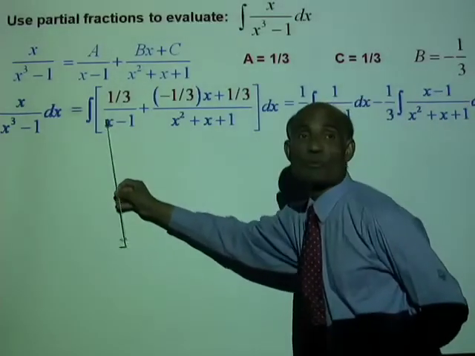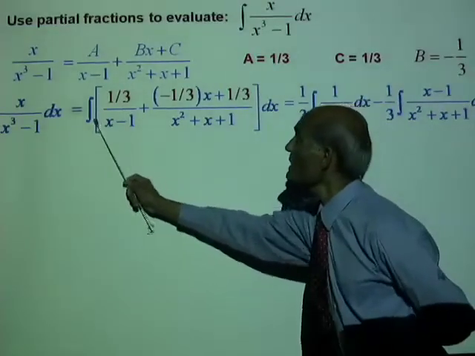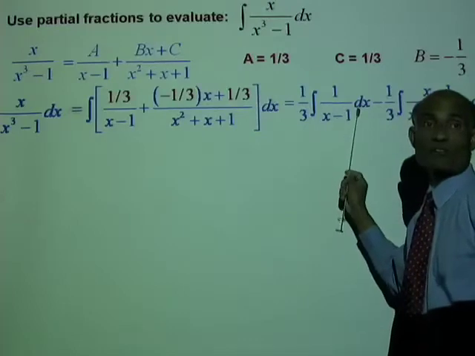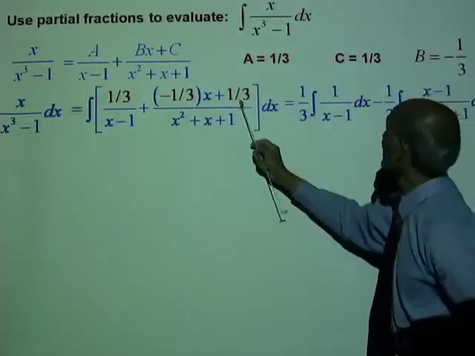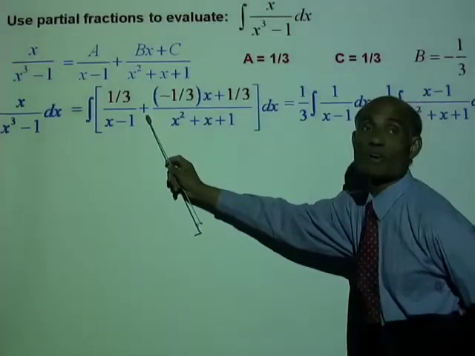You can break it down into individual integrals. This will be 1/3 times the integral of 1 over x minus 1 dx, that is the first term. And in the second term, we factor out a negative 1/3.